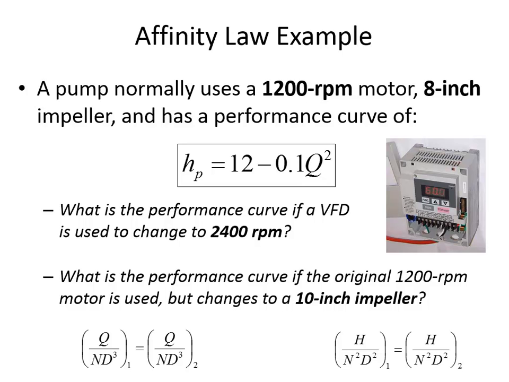So what's going to be the modified performance? We use the original 1200 RPM motor, but we want to switch to a 10-inch impeller. Then what's going to be the modified pump performance curve?